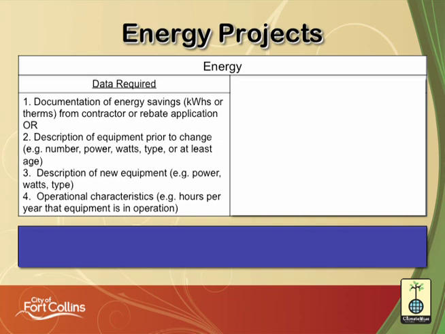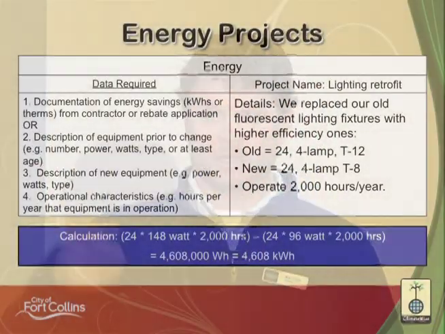What did you put in and how is it working after you made a change? And then give us some details that have to do with the operational characteristics, like our office is open, we have working hours that total 2,000 hours a year. Or, we implemented the lighting retrofit in the middle of the year. In June is when it was installed, when it was completed. Those are just details that would help you figure it out.